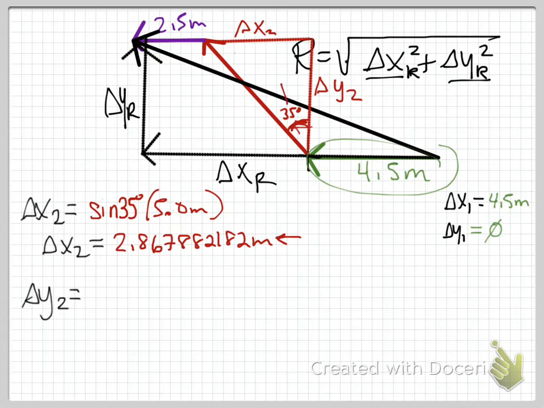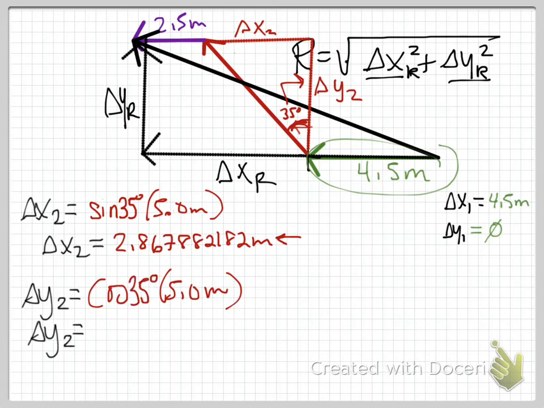If we look back to our drawing, we'll notice that delta y2 is adjacent to the 35-degree angle. So delta y2 is equal to the cosine of theta times 5.0 meters. Theta is, of course, 35, giving delta y2 a value of 4.00957602221 meters.